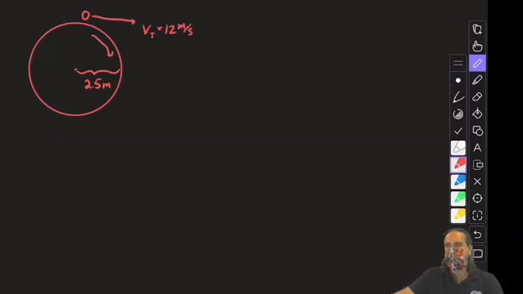So I think we know the angular speed of the merry-go-round, because the current speed is 12 meters per second. So the angular speed is going to be related by that 2.5 meters. So I figure if I divide the 12 by 2.5 meters, I'm going to get the angular speed. And let's see, is that 4.8?